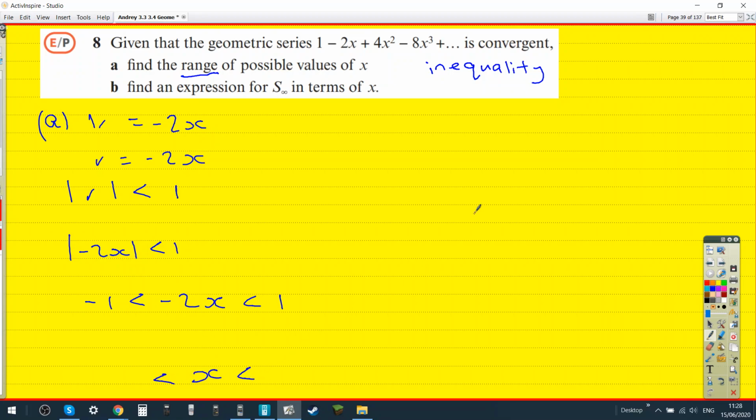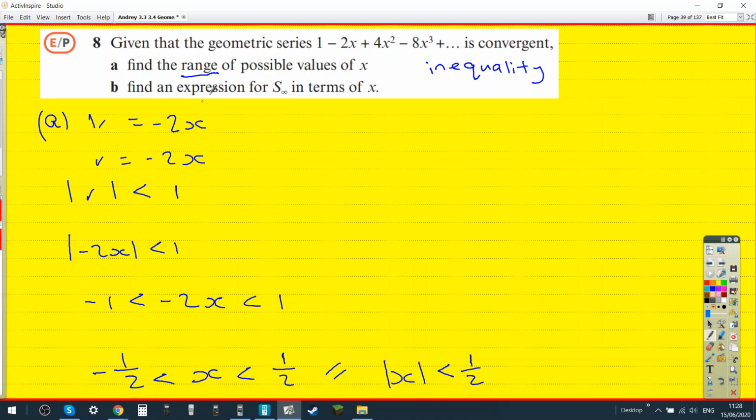Range of possible values for x. X would be a half and minus a half. Yep, that's it. Basically, the magnitude of x is less than a half. That's the range of possible values for x, between minus a half and a half.